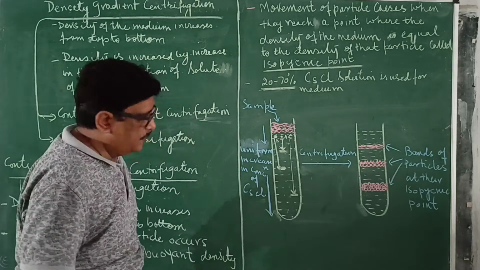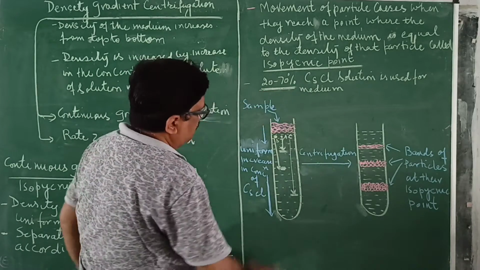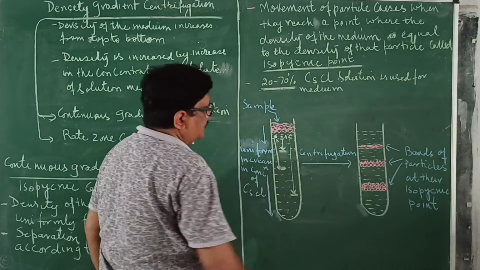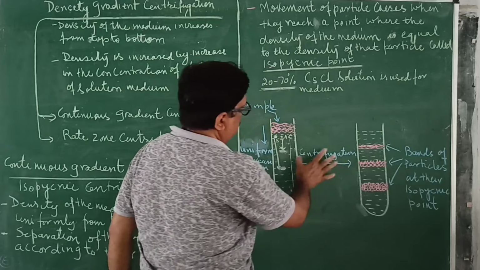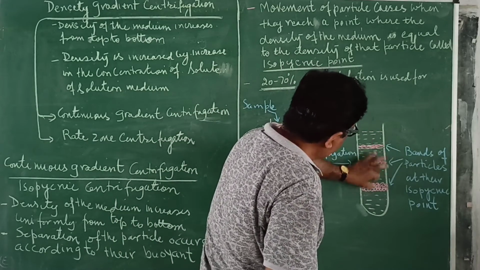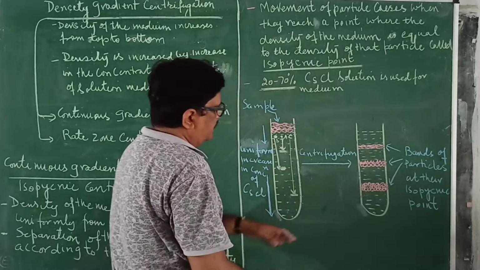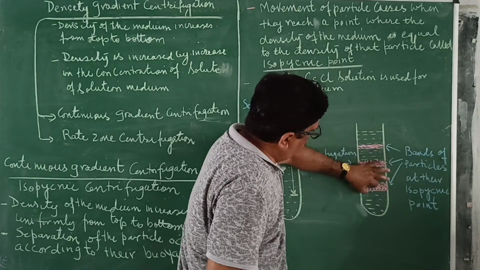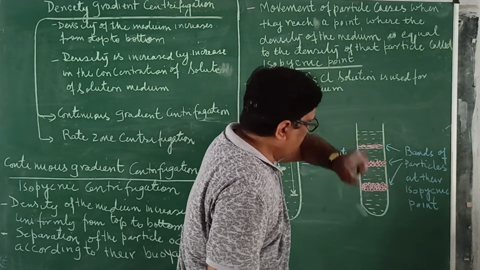The sample is put over here at the top, and centrifugation starts. Suppose three types of particles are present in the sample, they will form three discrete bands at their isopycnic points.